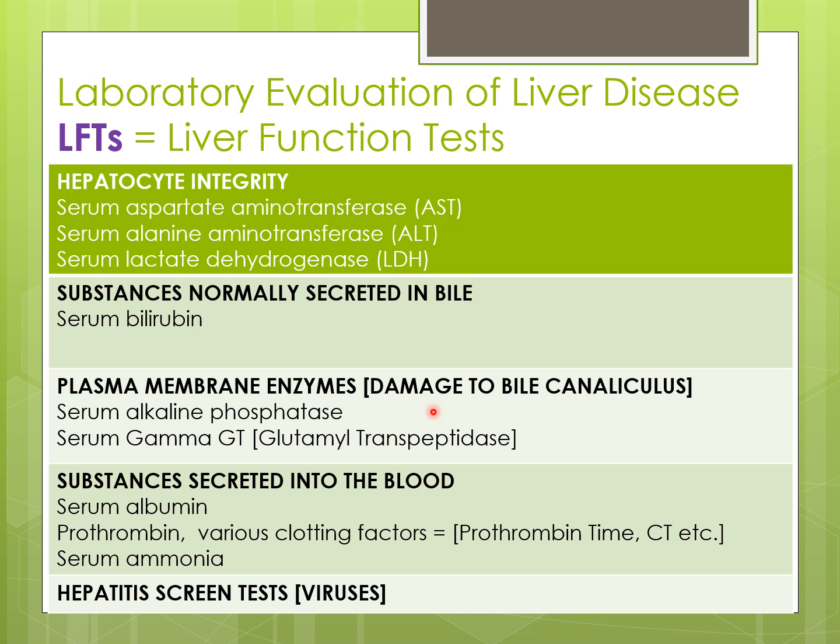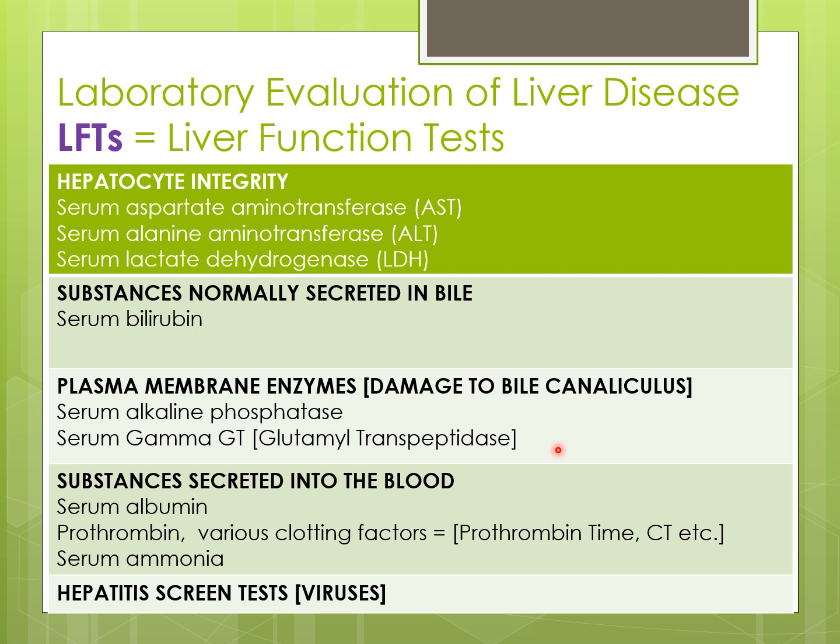These two enzymes, alkaline phosphatase and gamma GT, are elevated when there is obstructive jaundice, because they are released when the bile canaliculi, which take the bile towards the gallbladder and towards the duodenum, are damaged.